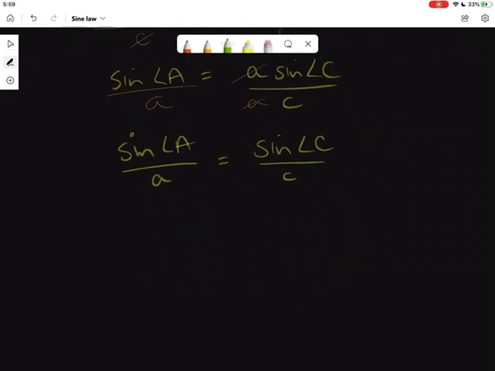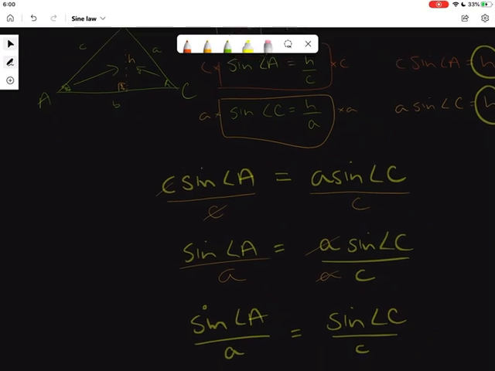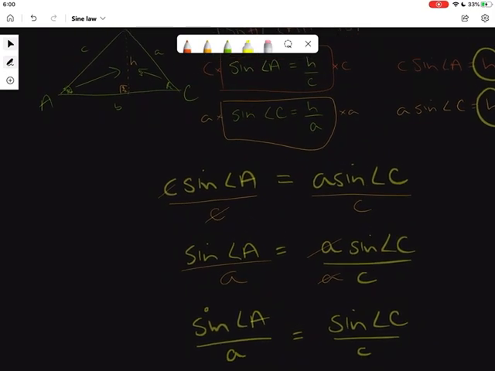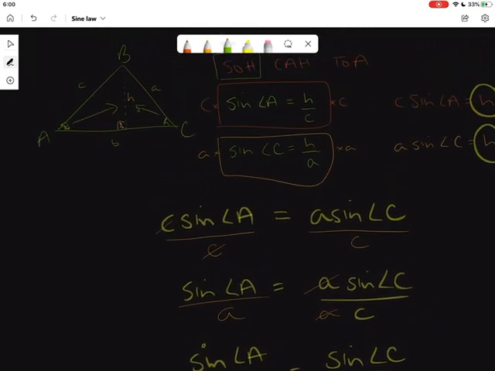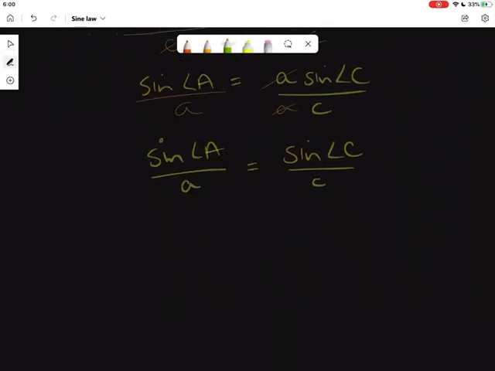Now, if you notice, if I take the sine of my angle, I'm dividing by its opposite side. So if I look at my original drawing, if I get rid of the H in here, let's redraw this down here so it's easier to see.